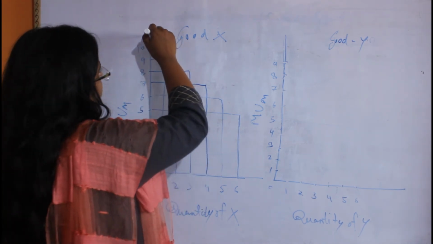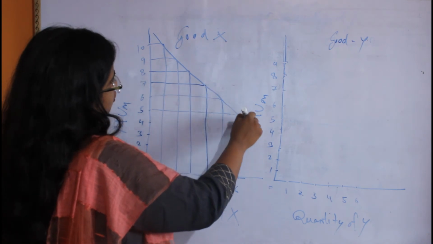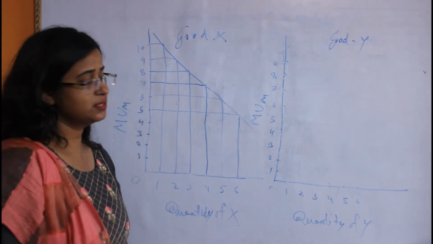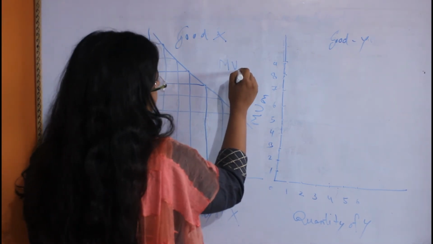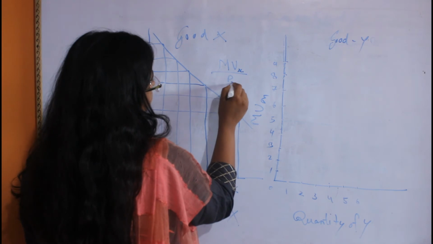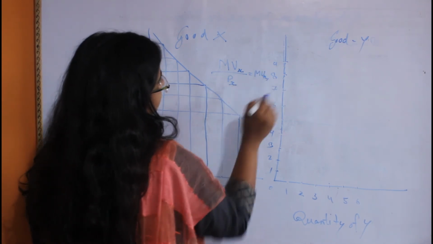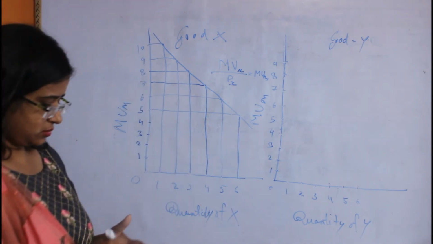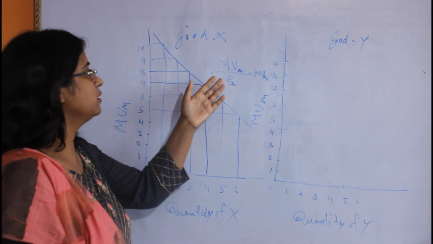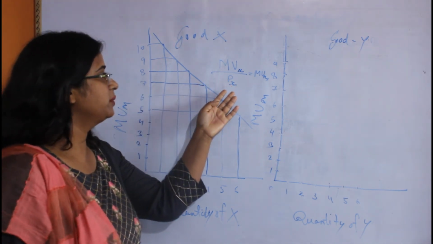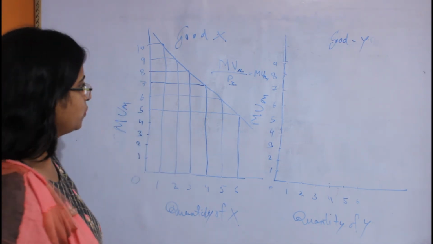So we have got a curve which slopes downward, and this is the curve of marginal utility of X upon price of X, or the marginal utility of money of X. This is the curve which is MU of X divided by price of X, and it is downward sloping.